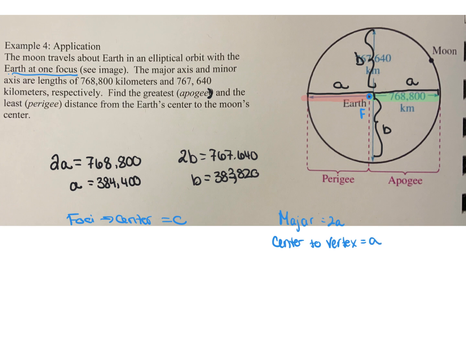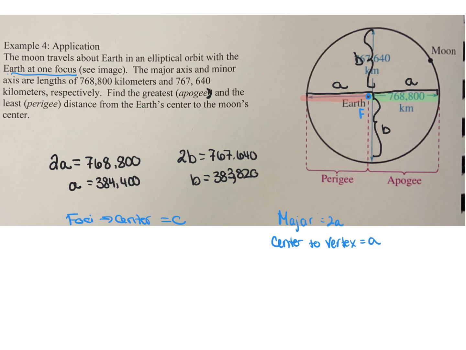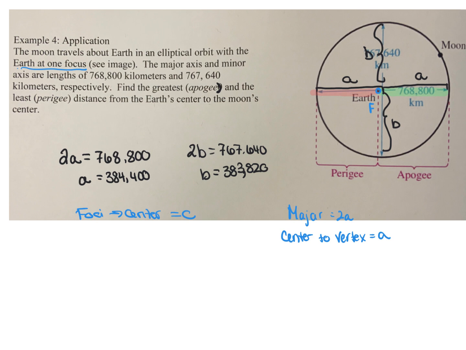And so what I want is a on this side, a plus c. It's the a length plus this little bit more right here. And this side is a minus c. I don't want to go all the way across. I want to go a and stop c. So I need to find c's value.